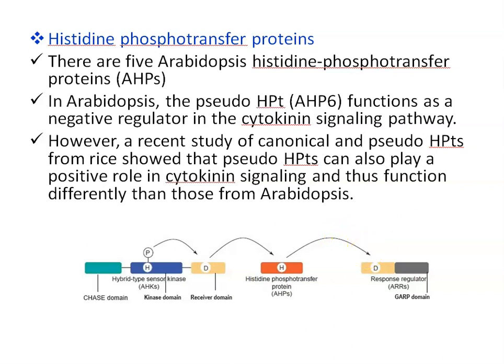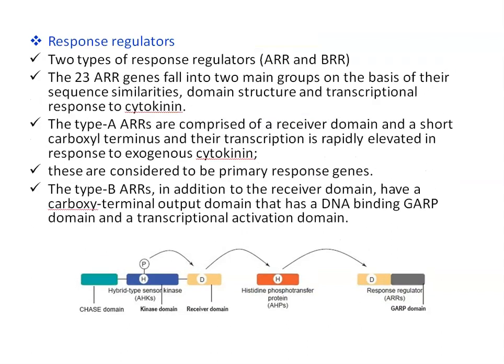There are 5 Arabidopsis histidine phosphotransfer proteins, AHPs. In Arabidopsis, the pseudo-HPT AHP6 functions as a negative regulator in cytokinin signaling pathway. However, a recent study of canonical and pseudo-HPTs from rice showed that pseudo-HPTs can also play a positive role in cytokinin signaling and thus function differently than those from Arabidopsis, right?